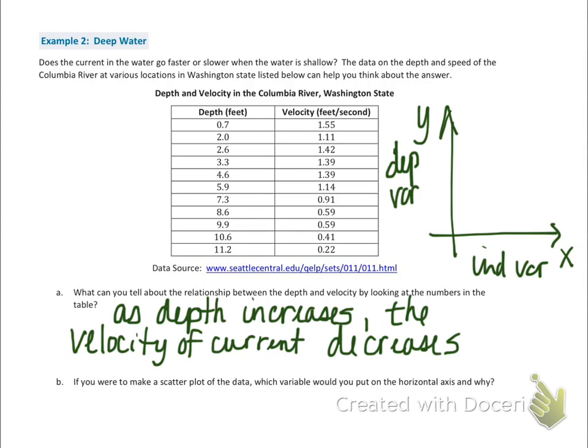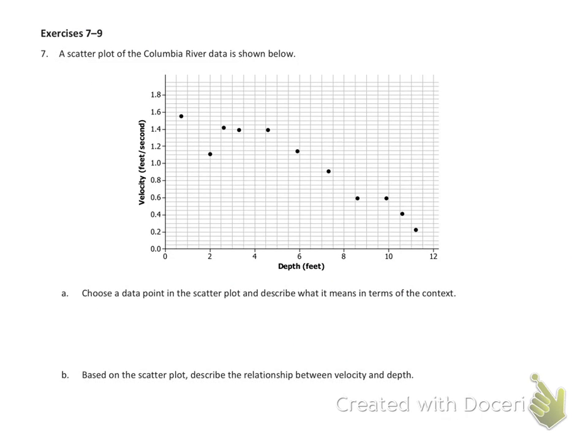Okay, I don't expect you to fully grasp that idea right now, but as you look at more and more graphs, you'll begin to internalize what goes on the horizontal axis and what goes on the vertical axis. Okay, so here's the scatter plot. It's been done for us, thankfully. Aren't you glad you don't have to put all those dots on in these lessons?